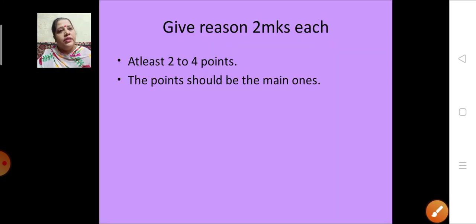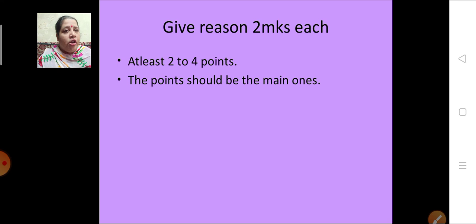Now next is give reason. Give reason will be given for 2 marks each. I don't know how many questions are going to come, but 2 marks each. According to the marks, you have to write at least 2 to 4 points for the give reason, and that also the main ones. You'll write the main point only.